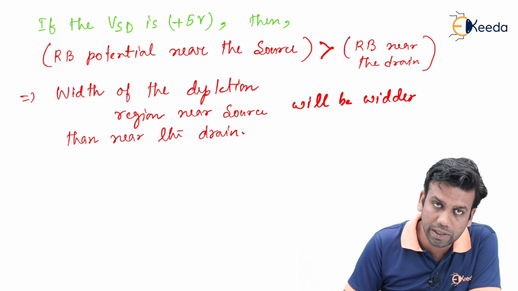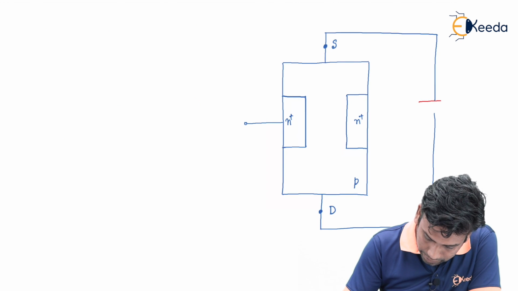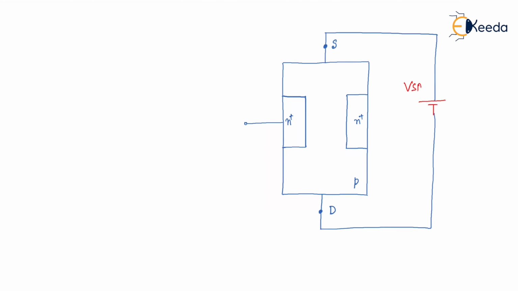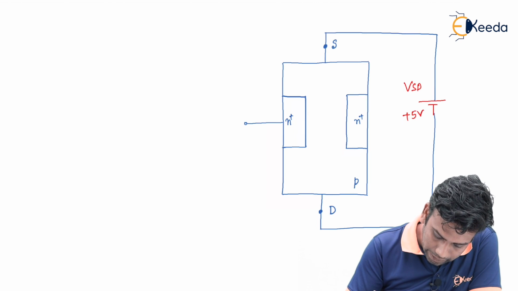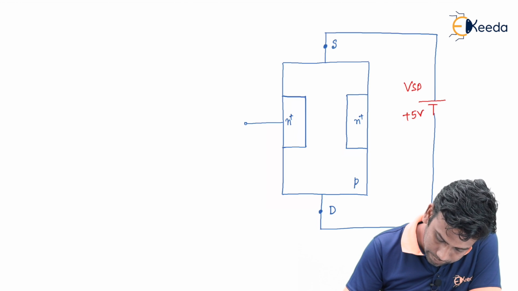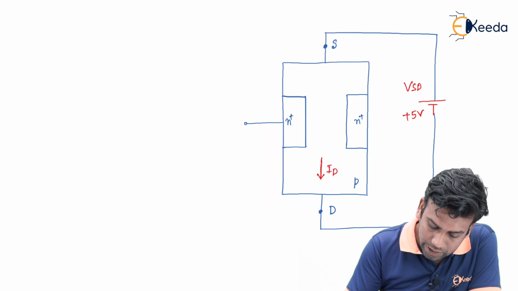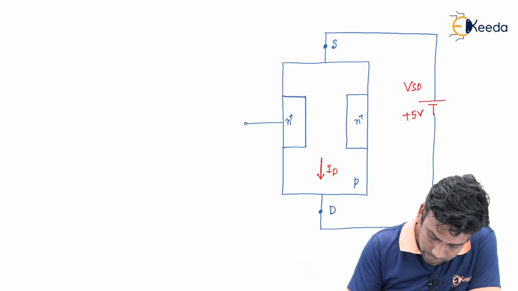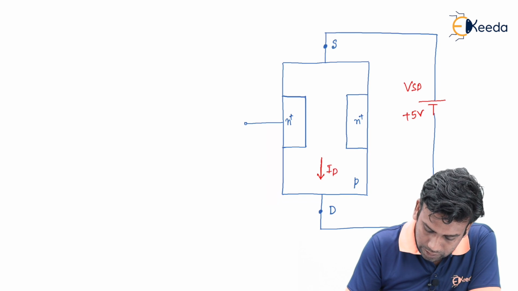So with this concept we can draw the diagram like this. We have applied a VSD of plus 5 volt. That's why the ID current is flowing in this direction from source to drain inside the P channel JFET, and due to the channel resistance, the reverse bias potential near the source will be very high compared to the drain section.